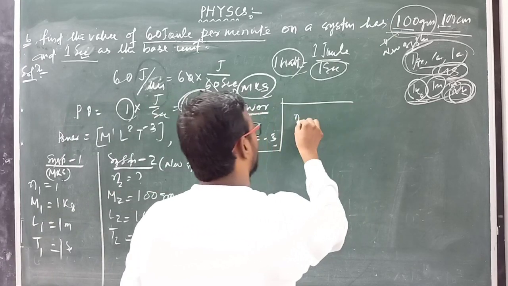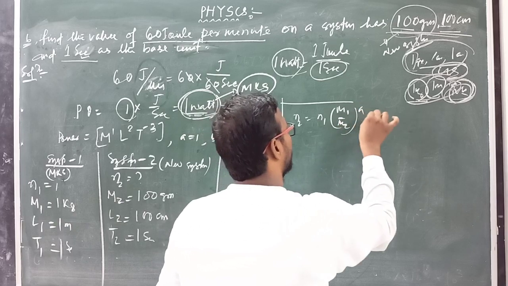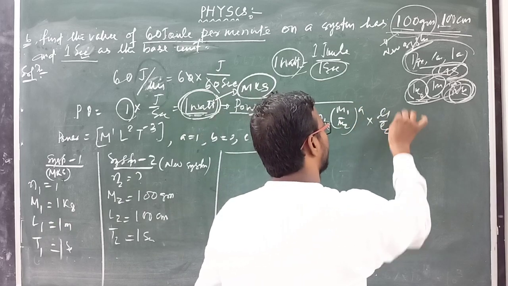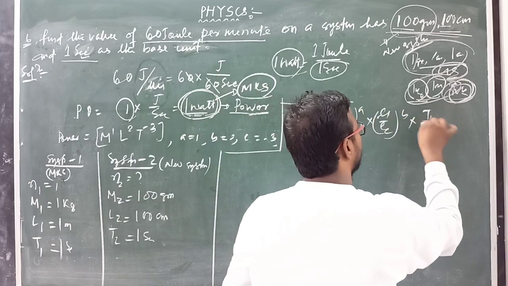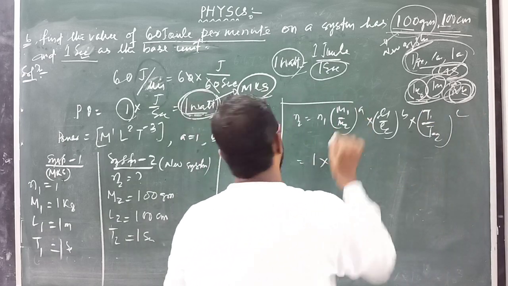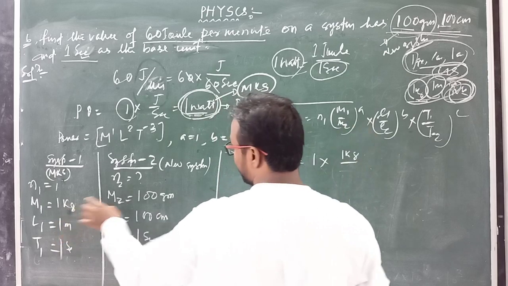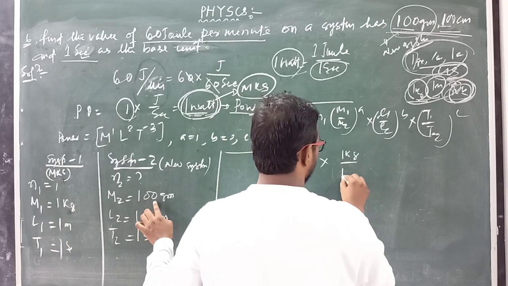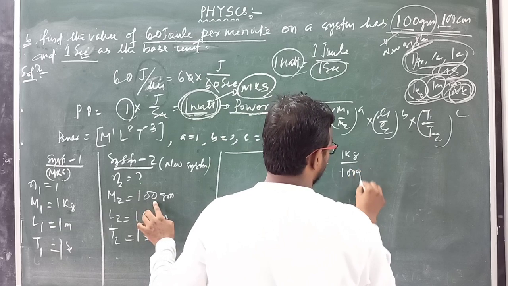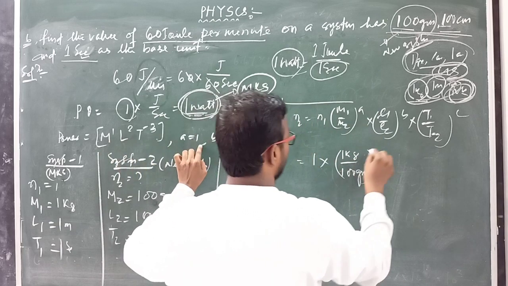n2 equal to n1 (M1 by M2) power a, (L1 by L2) power b, (T1 by T2) power c. But n1 is 1, M1 is 1 kg, so you can write 1 kg divided by M2, which is 100 gram, whose power a is 1.